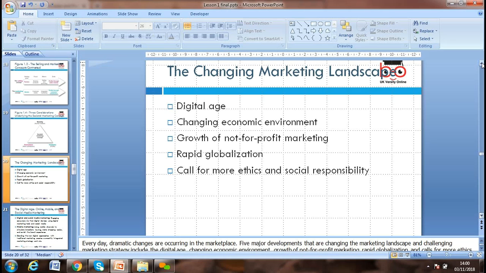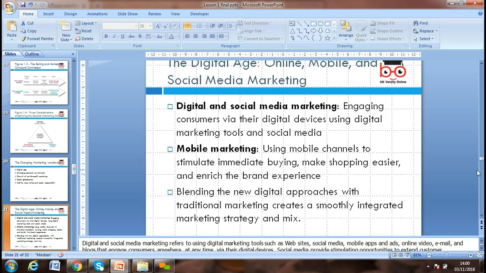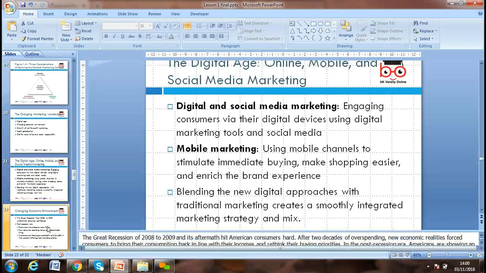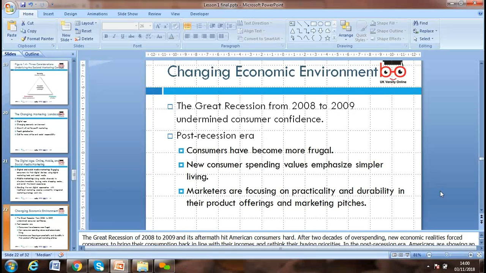So as a marketer, we need to be focused on all these concepts now. Digital and social marketing means engaging customers via digital devices like social media and mobile marketing channels, which stimulate immediate buying and make shopping easier and enrich the brand experience. Blending new digital approaches with traditional marketing creates a smooth, integrated marketing strategy and mix. So we need to focus on this by using social media and various other channels.